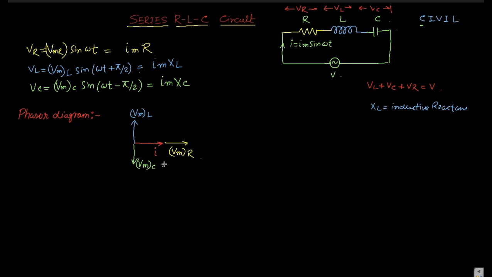So taking I as the reference phasor, for the resistor VmR and I are in the same phase. For the inductor, you know that voltage leads current by 90 degrees, so the voltage drop across this inductor is 90 degrees ahead of the current.